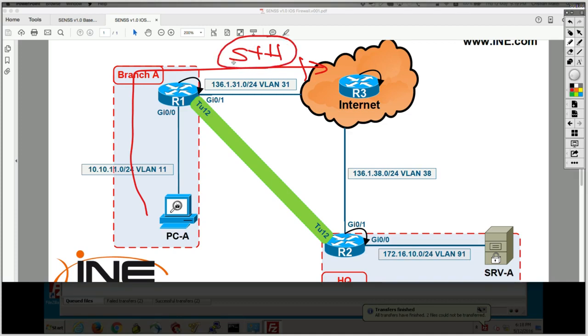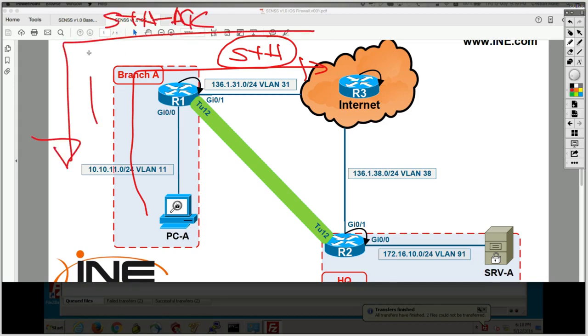The firewall is going to wait the default SYN timeout value. So if the router doesn't see the SYN ACK and the ACK, which means the three-way handshake being done, in the SYN timeout interval, it is going to kill the session from the state table to defend against denial of service attacks.